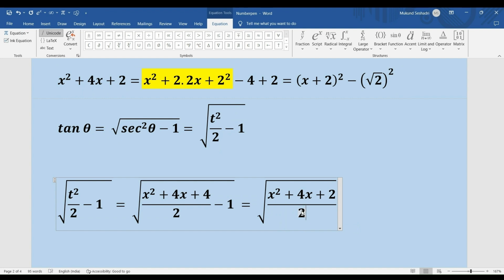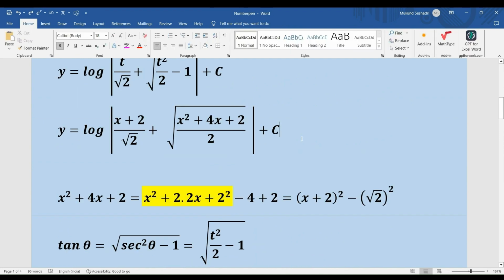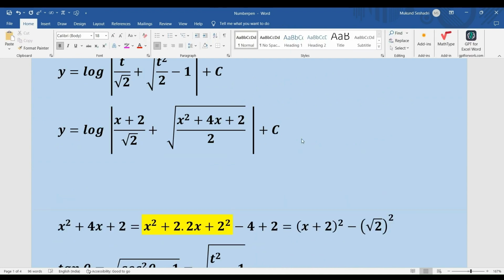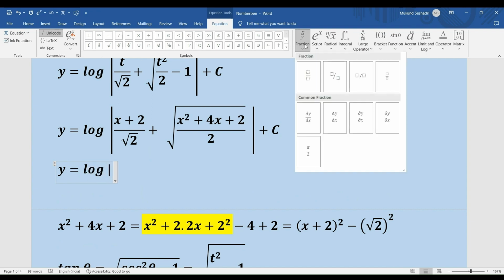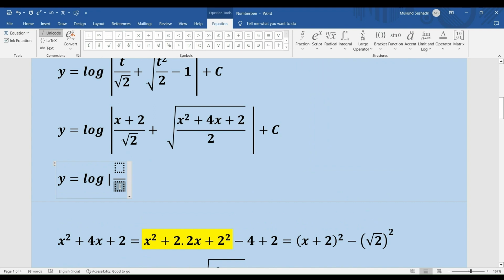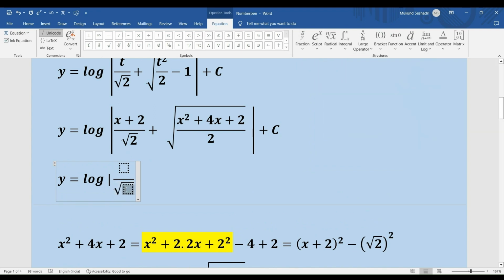So my square root of t squared by 2 minus 1 is nothing but the square root of x squared plus 4x plus 2 the whole divided by 2, right? So all that I need to do is copy this and put it back out there. So there we are. And can I do any further simplification? If you'll be able to appreciate this, if I write this in a slightly different format, I can write this as log of mod of, and you see that I have a root 2 in the denominator, which is common to both these expressions, right?